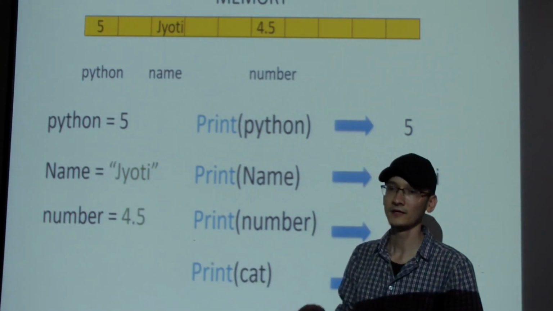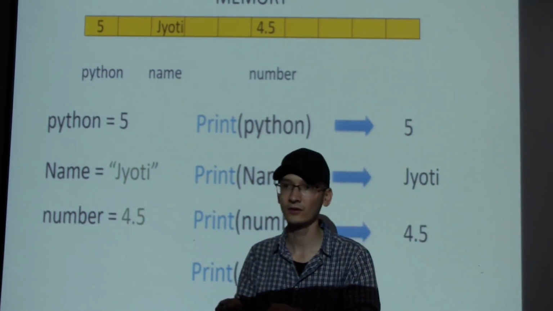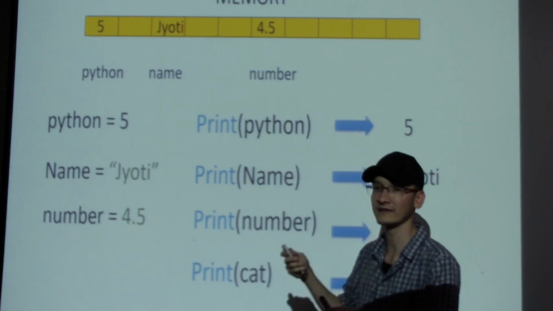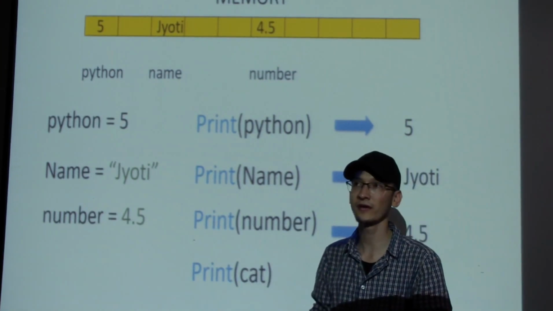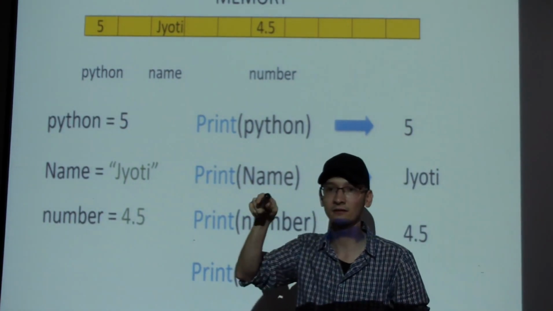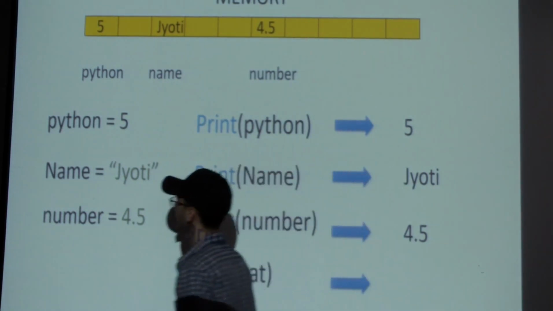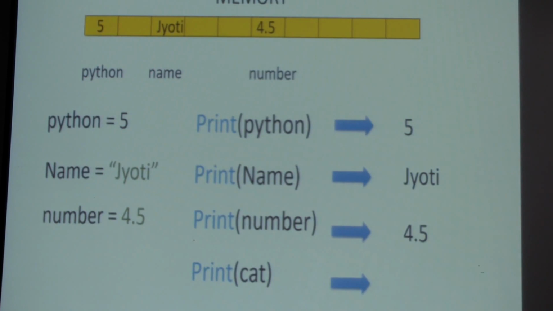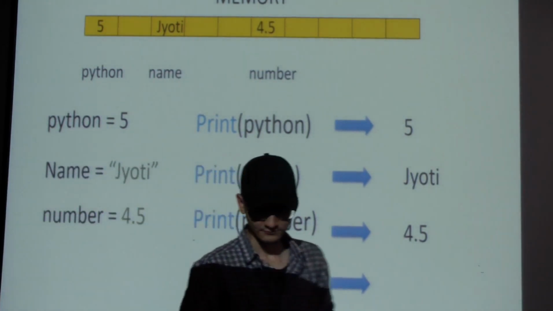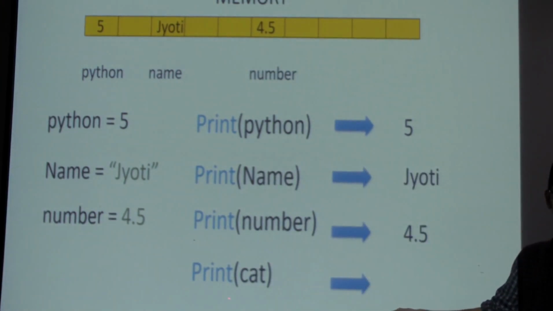In C++, when we create any variable, first we have to write int, then the variable. For example, int, like this. In the case of Python, we still have to write this with the quotation marks. Okay. So then cat. What will be?